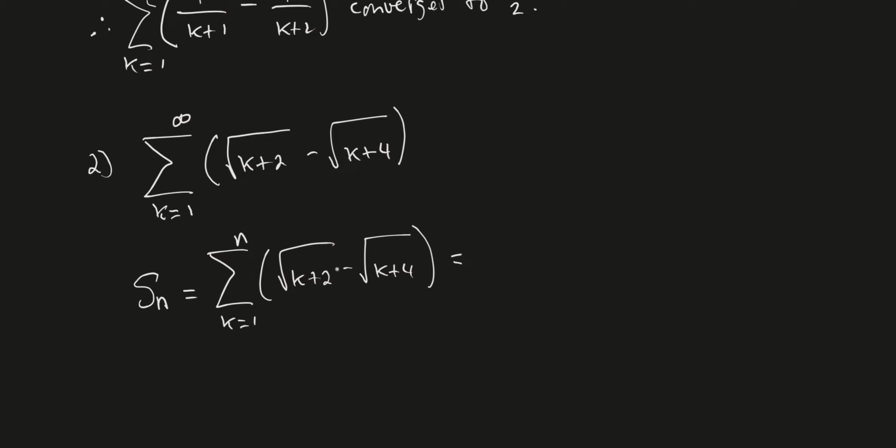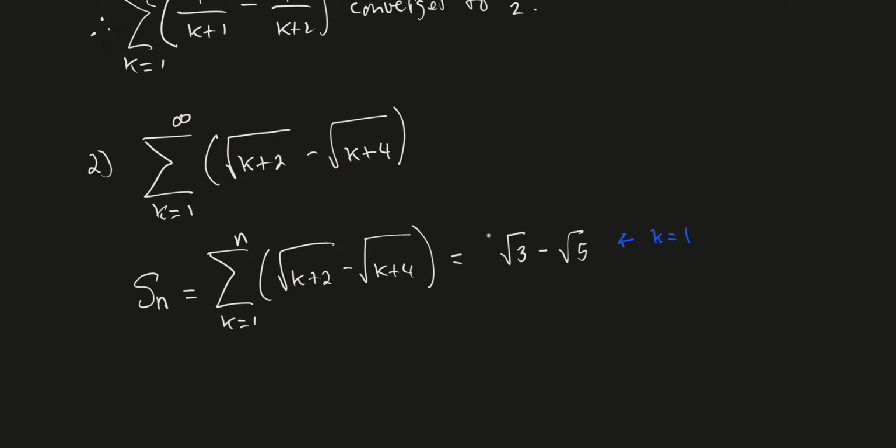Well, when k is equal to 1, we're going to have the square root of 3 minus the square root of 5. This term is what we get by plugging in k equals 1.